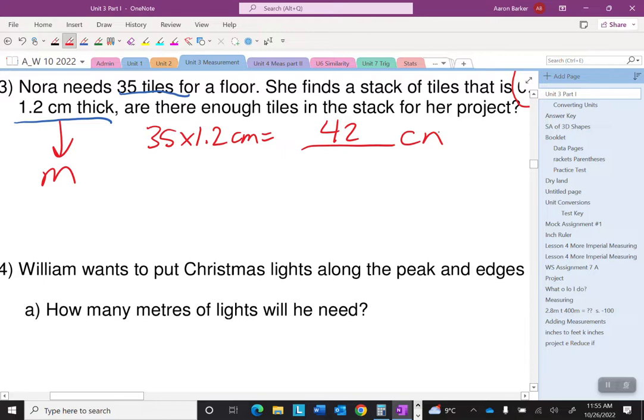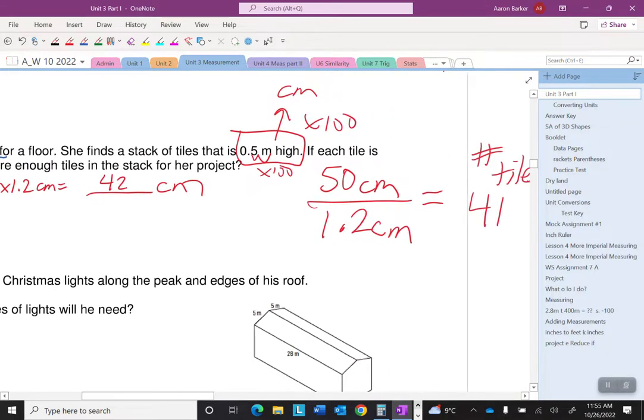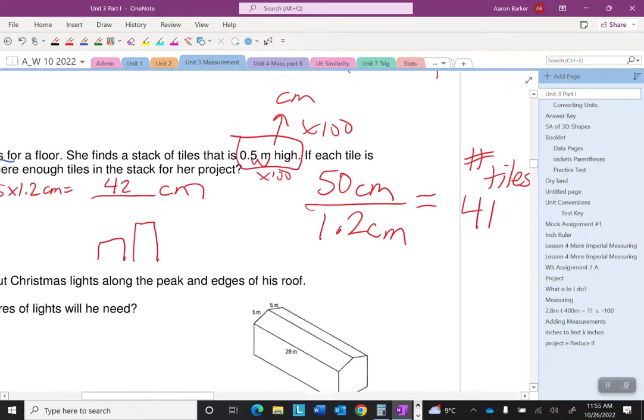So you need a pile that's 42 centimeters high. But your pile's 50 centimeters. Do you have enough tiles? Right, you only need this high of a pile. The pile you have is higher. It's 8 centimeters higher. So you definitely have enough tiles. You have some left over. So 2 ways of doing that question.